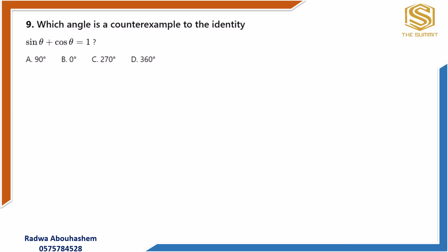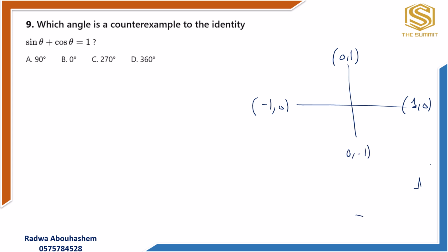Which angle is a counterexample to the identity sine theta plus cosine theta equals 1? Okay, let me remind you of the unit circle. This is 1 and 0, 0 and 1, -1 and 0, and here 0 and -1. Counterexample means a wrong answer, so I'm searching for something that doesn't give me 1.